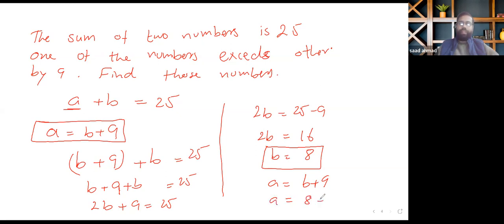A is equal to 8 plus 9. So that will be 17. Okay. So a is 17 and b is 8. So if we add them, their sum will be 25, and one number is 9 more than the other one.